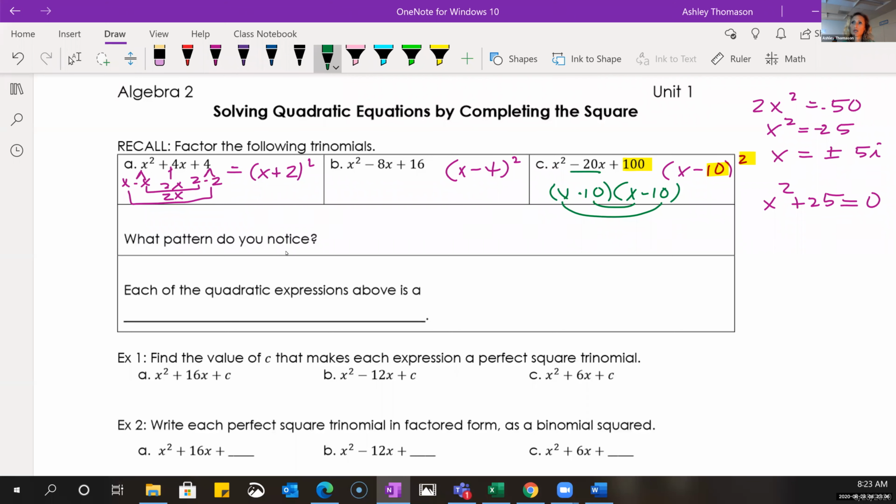So we used the shortcut and we already talked about this pattern. The pattern is that they all have the same 2 binomial factors, and the first and last terms are perfect squares. We've already learned this lesson. They're perfect square trinomials.